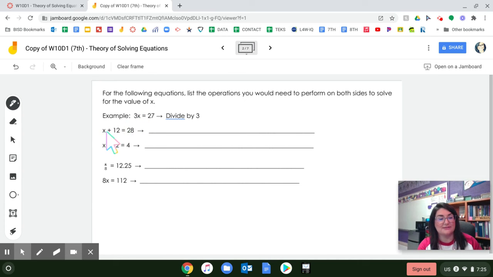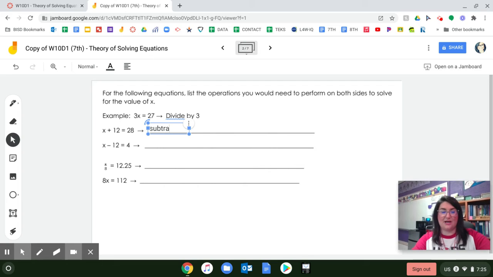Here, x has 12 added to it to get to 28. So in order to reverse what has happened to x, we are going to subtract 12 on both sides. For x minus 12 equals 4, I would need to add 12 on both sides.